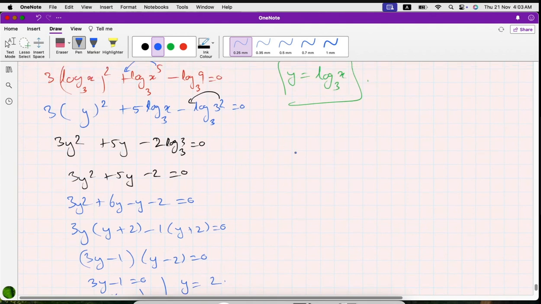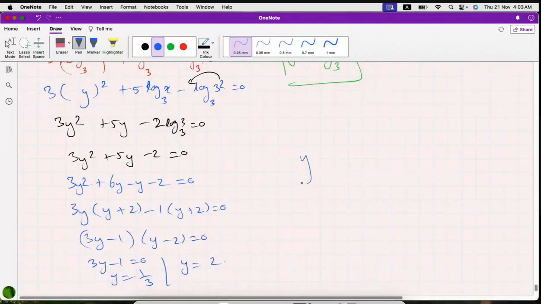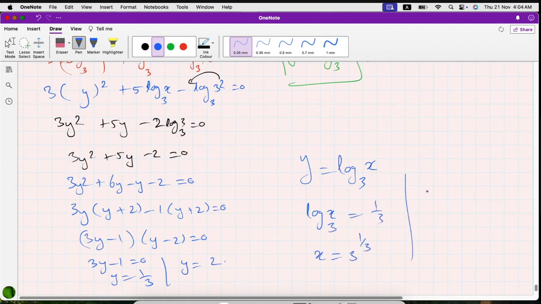And y was equal to log x to base 3. So I can write log x to base 3 is equal to 1 by 3, so x is equal to 3 raised to the 1 by 3. On the other side, log x to base 3 is equal to 2, so x is equal to 3 raised to 2.